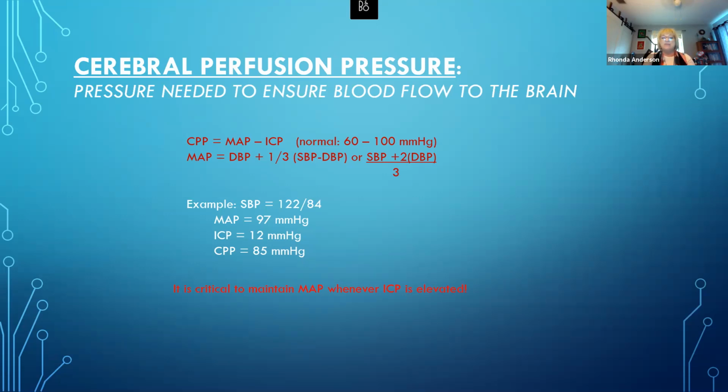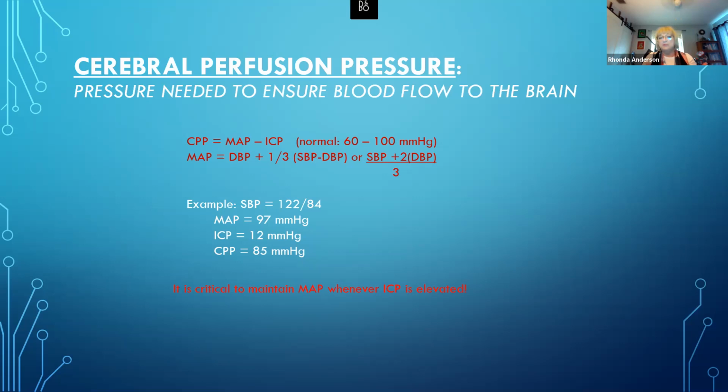So an example, if my systolic blood pressure is 122, my mean arterial pressure is 97, my ICP is 12, so mean minus ICP, my cerebral perfusion pressure is 85 millimeters of mercury. So it's critical to maintain that MAP anytime ICP is elevated.